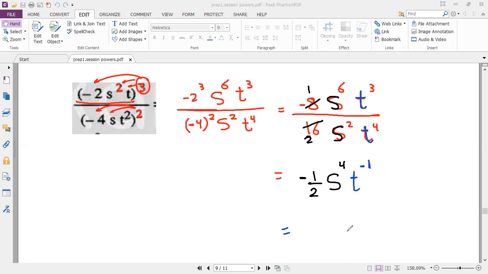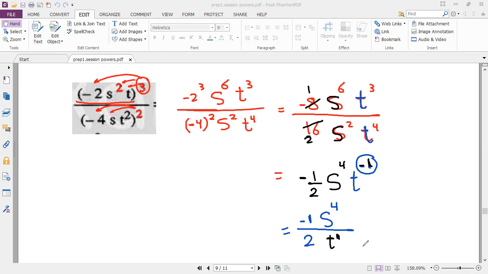Okay, so I want to change the sign of this power. I want to write it as a positive power. So change the place of t. Instead of writing t at the top, write t at the bottom. So it will be negative half, as it's negative 1 at the top and 2 at the bottom, s to the power of 4 because s is raised to the positive power, and t to the power of negative 1, we are going to move it down and write it at the bottom as t to the power of 1.